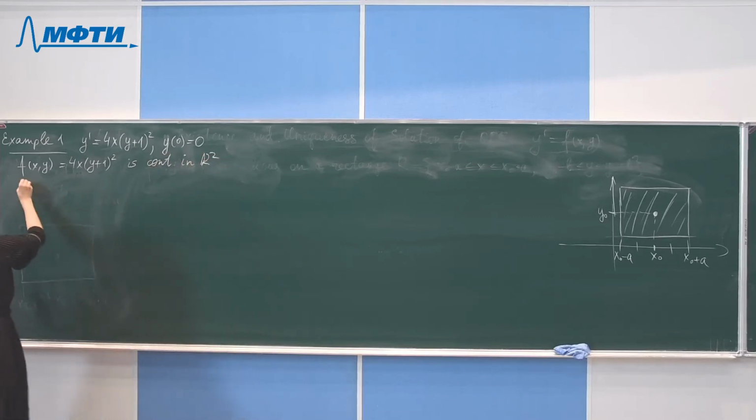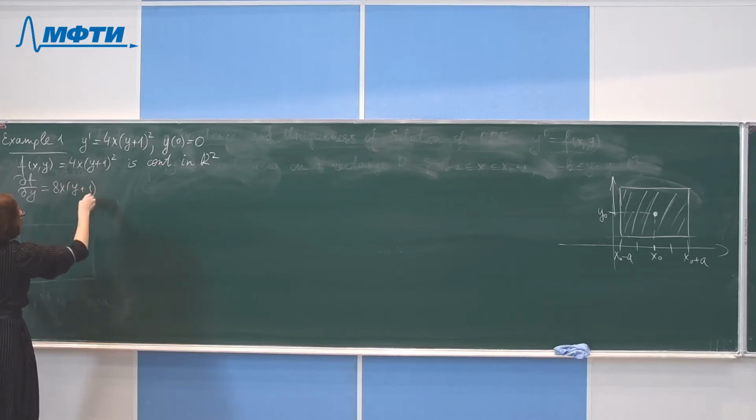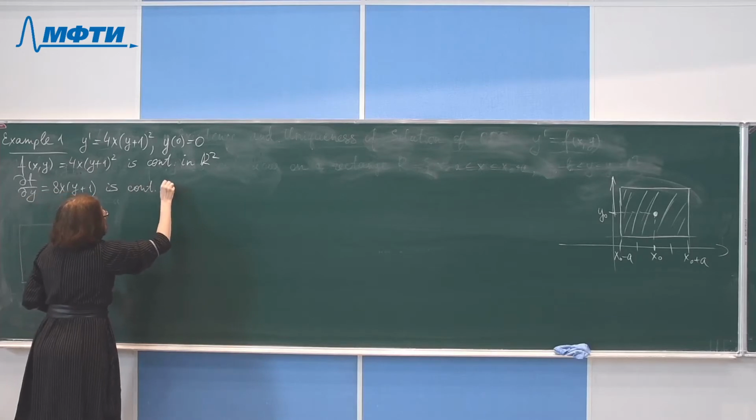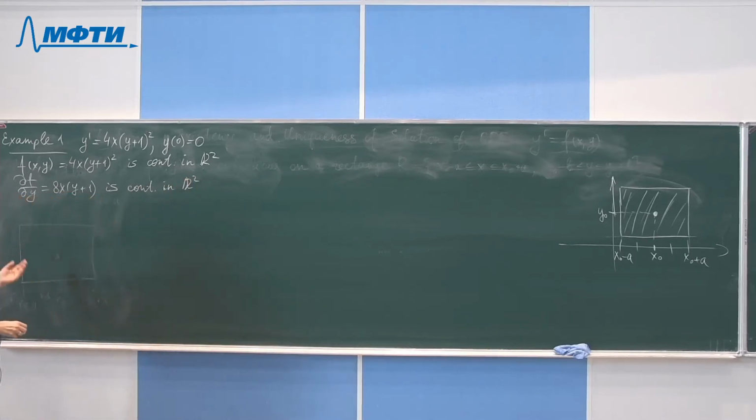R2, and its partial derivative, let's find its partial derivative. It will be equal to 8x times (y plus 1), which is also continuous in the entire plane. So we are free to choose a rectangle as we want. For example, in our case, I want to set a to be equal to 1 and b also to be equal to 1.